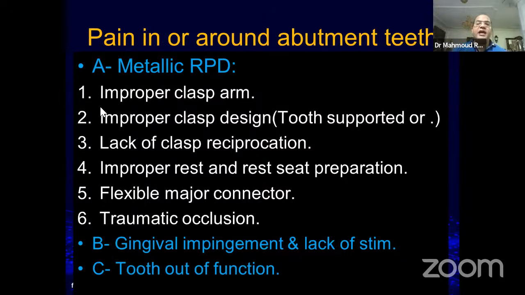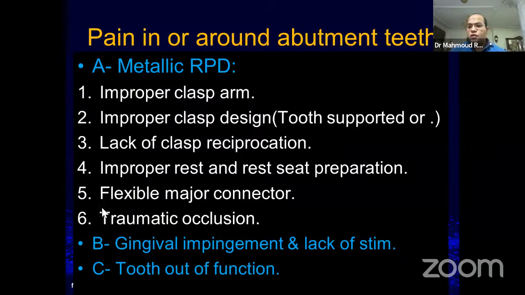We may have an improper clasp arm, improper clasp design, as we made a two-supported clasp for a free end saddle, like using an Acker clasp for a free end saddle area. Lack of clasp reciprocation, improper rest and rest seat preparation.